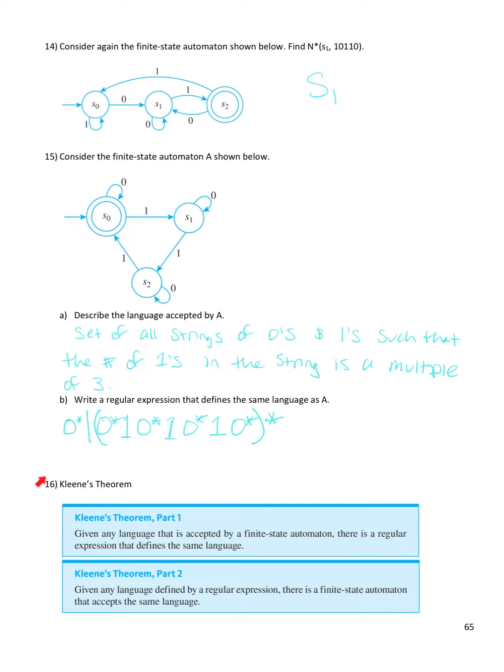So we're not going to do anything with applying this theorem other than this one problem here where we saw that we were able to write down the language for the acceptance language by A, and we were able to translate that to a regular expression, and that's part 1. Okay, any language that is accepted by a finite state automaton, there is a regular expression where you can express that language using it.